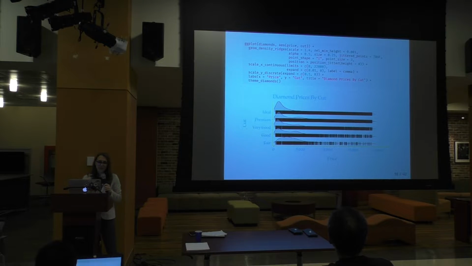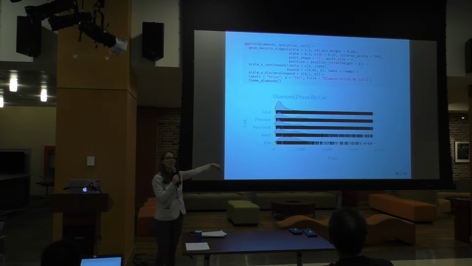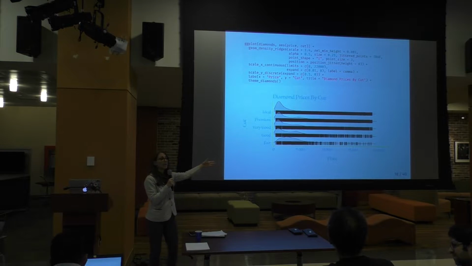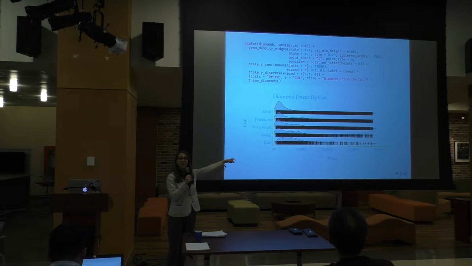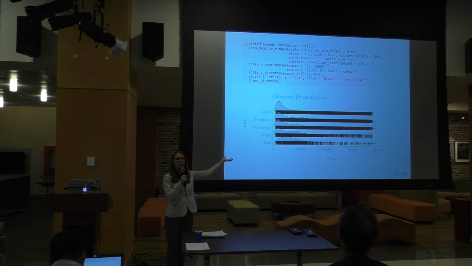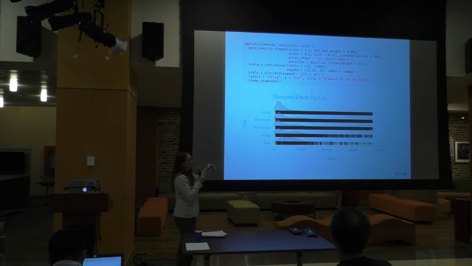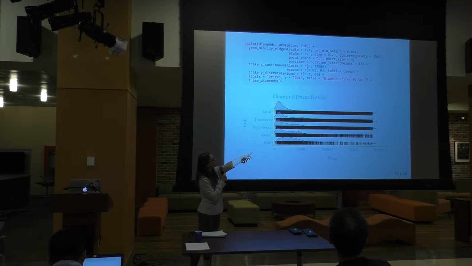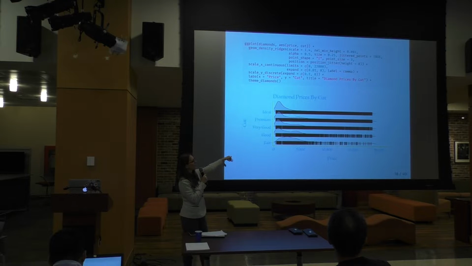Another thing you can do that I really like is adding this rug that's actually every single observation. I think this is really nice because you can realize, oh, I have a really sparse number of observations in some area. We see that we don't have a lot of observations at the higher price range for the fair cut, but we still have a lot at ideal.